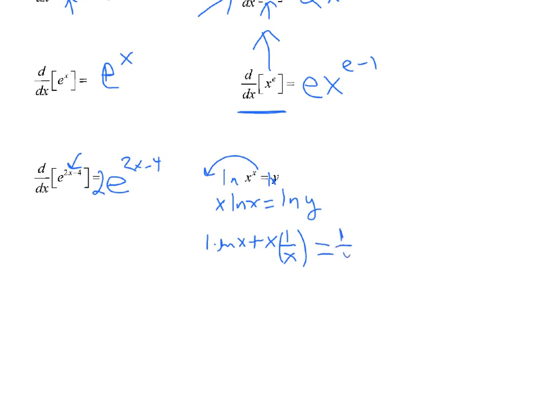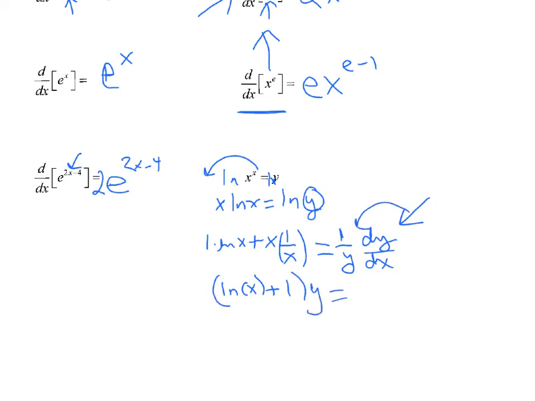And then we have 1 over y, dy dx, because you have to go inside and take the derivative inside, which is dy dx. Now, to find the derivative dy dx, we have to multiply both sides by y. We're going to do that in a second. First, I'm going to simplify over here. We get ln x plus 1. And then I'm going to multiply both sides by y so that on this side it's y and on this side it's dy dx.